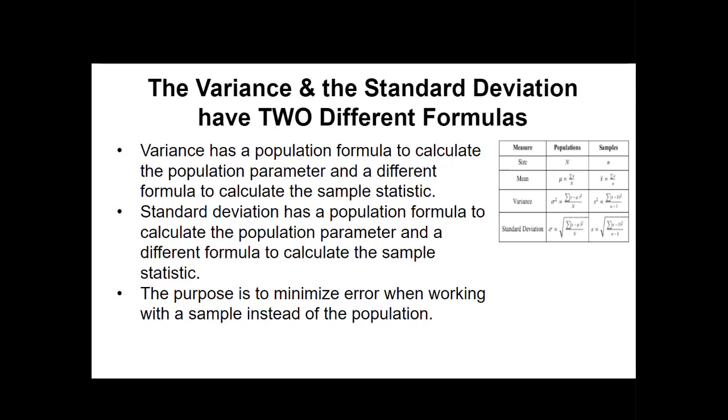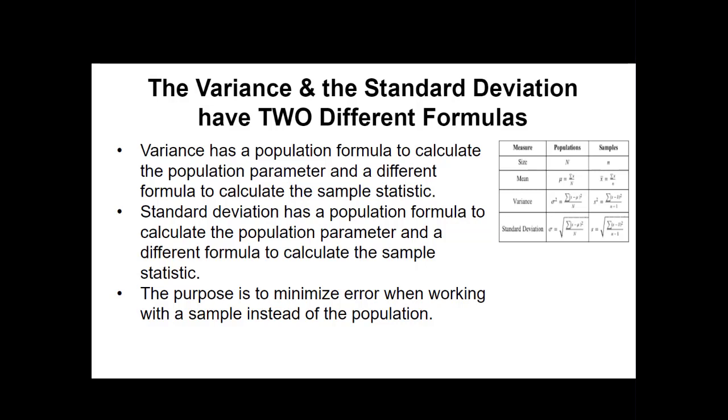Now, variance and standard deviation have 2 different formulas. Variance has a population formula to calculate the population parameter, and a different formula to calculate a sample statistic. Standard deviation, same thing.